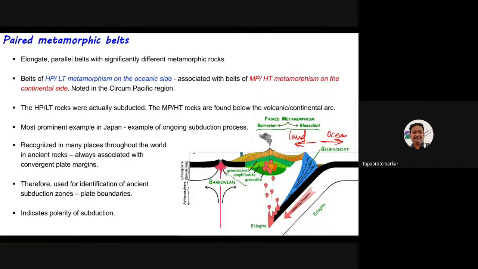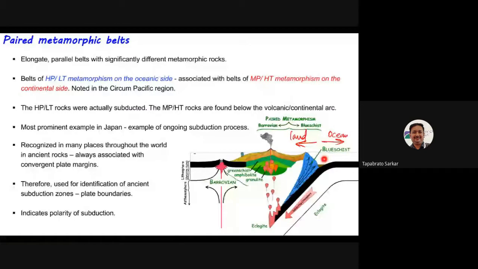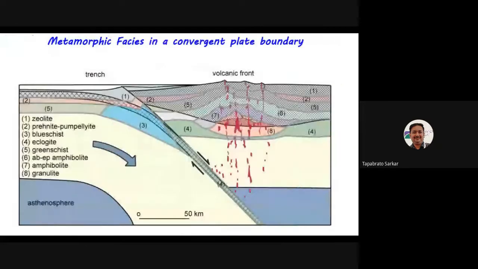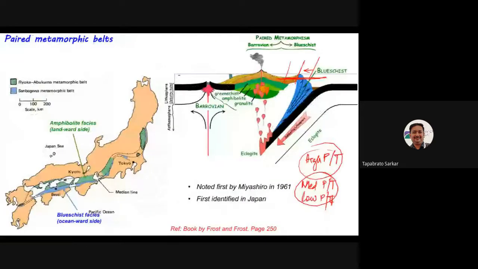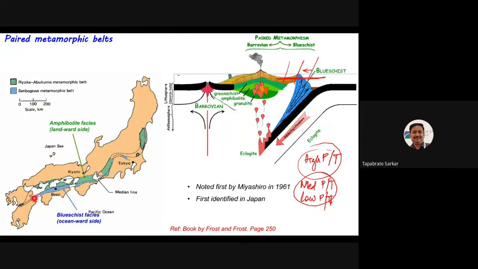They also indicate the polarity of subduction. So if you do not have any idea of this part and you see only the surface, for example the map of Japan, and you map these paired metamorphic belts, you have an idea of the direction of the subduction going on.